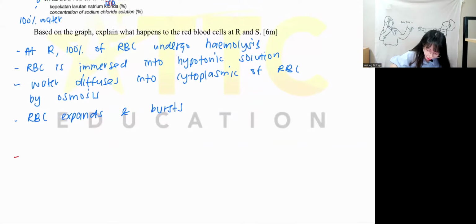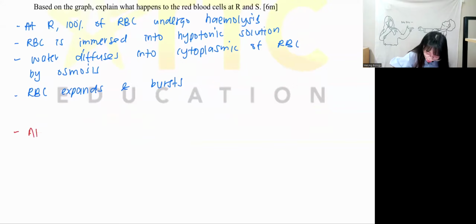So your answer for S: at S, red blood cell remains unchanged.